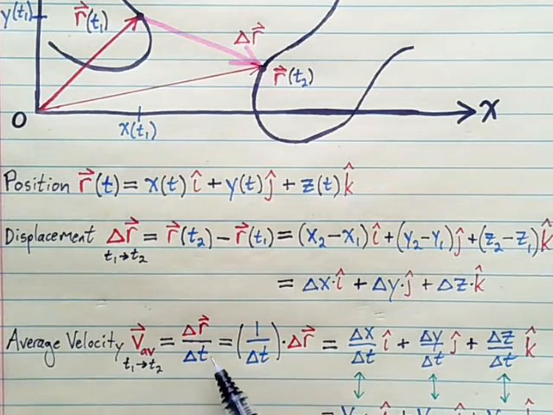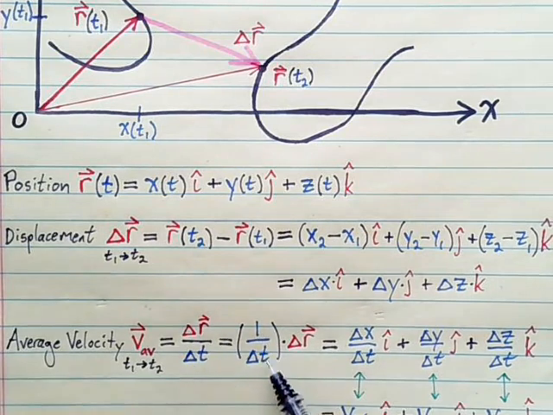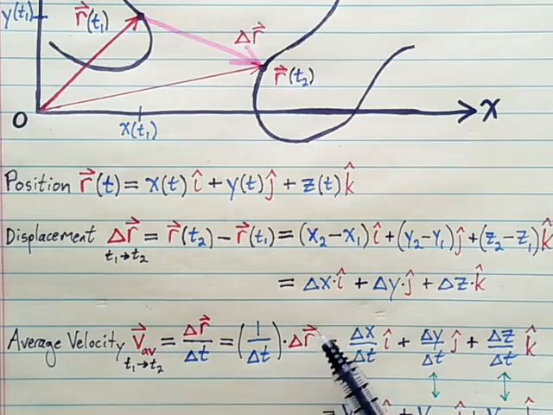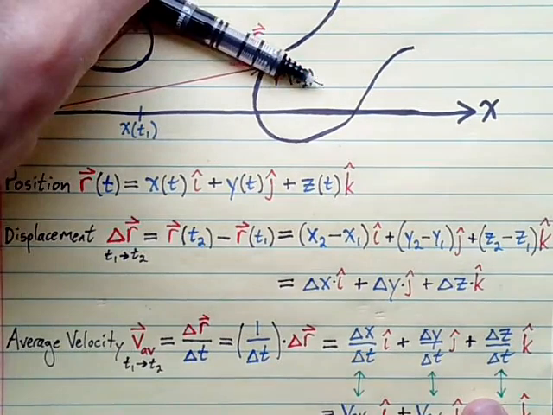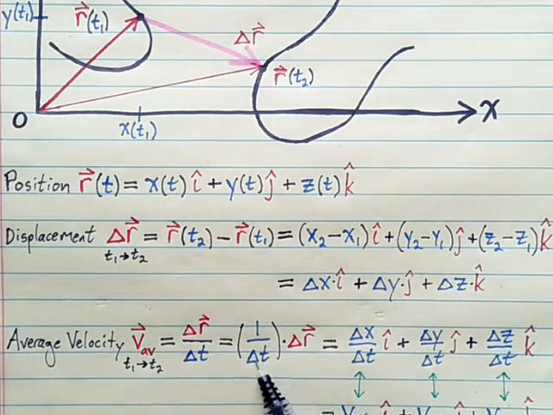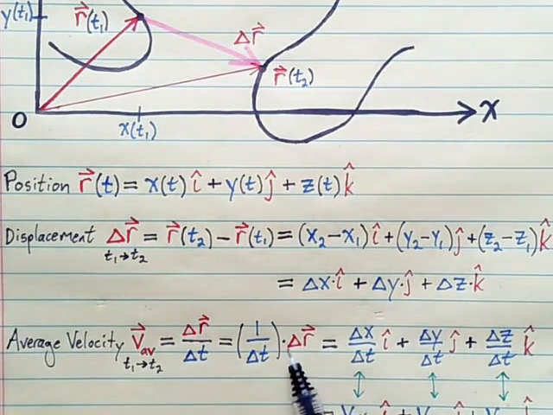Now, we're dividing delta r by delta t, which would be time 2 minus time 1, our change in time. But that delta t, that's just a scalar. So I could rewrite this as 1 over delta t times delta r. And we recognize that what we're doing here is taking a vector, delta r, our displacement vector, and multiplying it by a scalar. The reciprocal of delta t, that's just a number that's going to rescale this vector delta r.